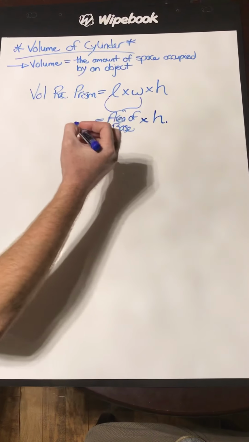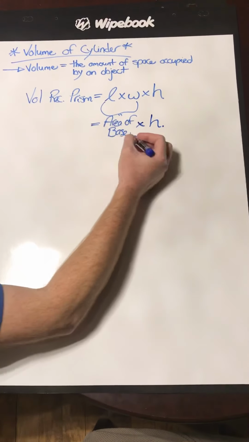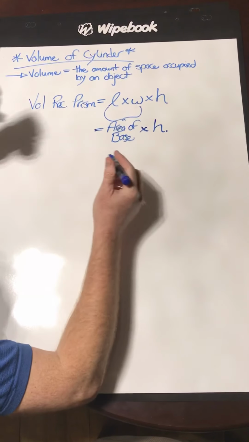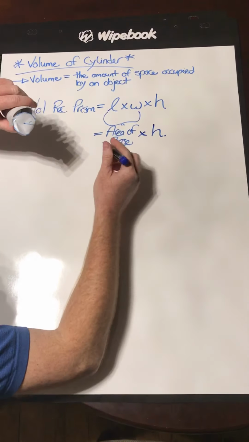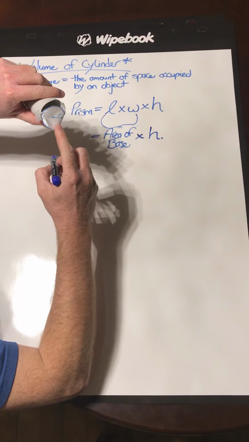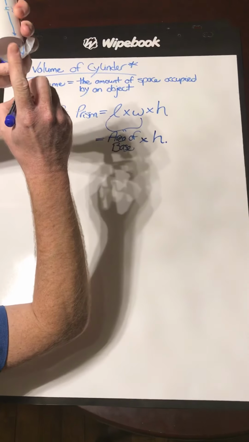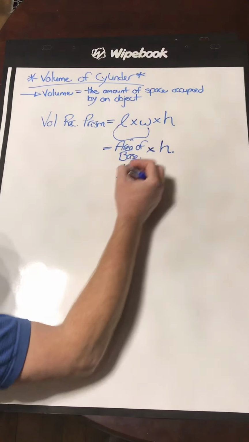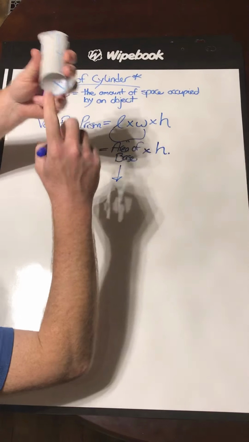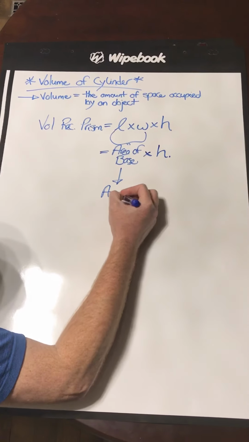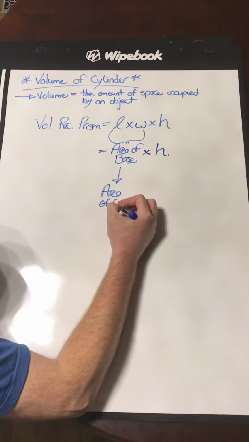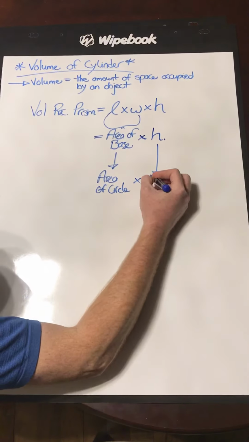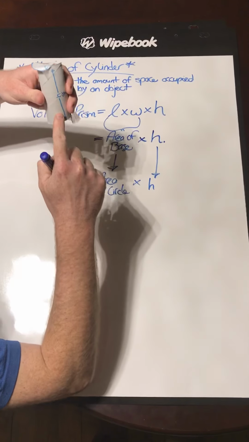So if we use that formula to help us to find the volume of a cylinder, well, the area of the base of a cylinder, well, this is the base of a cylinder here. And what is that base? It is a circle. So the area of a base of a cylinder is going to be the area of a circle times the height.